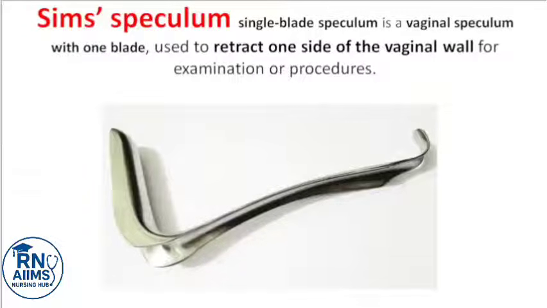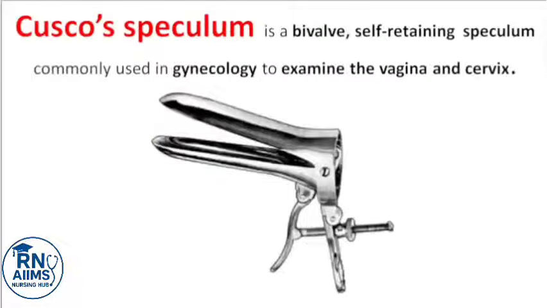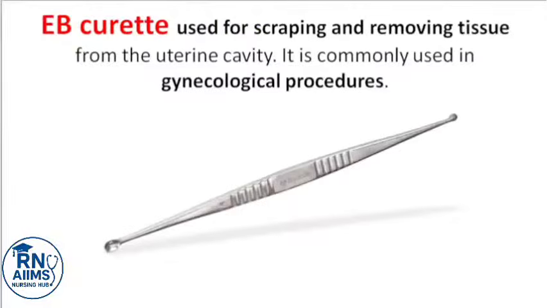Sims speculum, single-bladed, is a vaginal speculum with one blade used to retract one side of the vaginal wall for examination or procedures. Cusco's speculum is a bivalve self-retaining speculum commonly used in gynecology to examine the vagina and cervix.